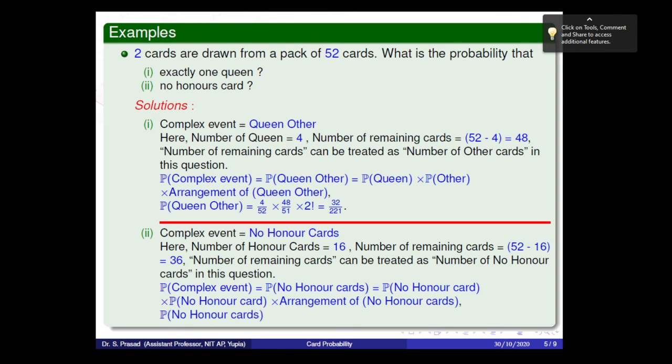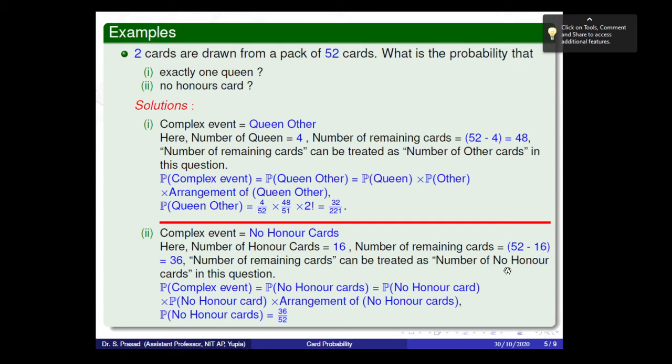Now we write the probability of no honor cards. The remaining part is 36, so 36 by 52 is the probability of a no honor card.